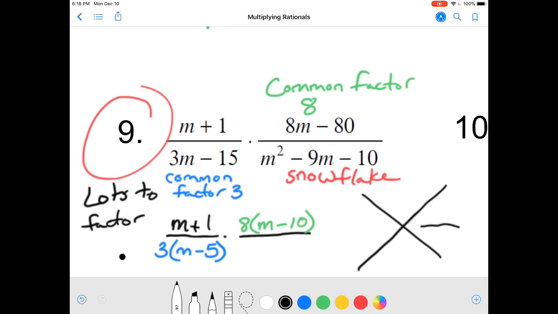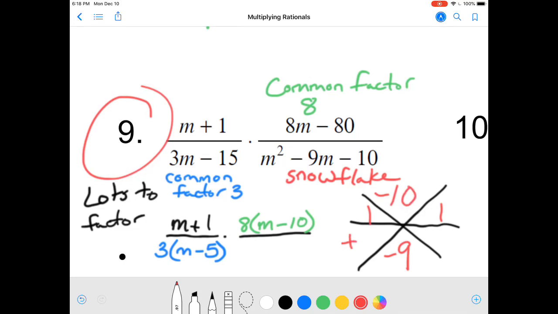So I'll draw my snowflake shape here. Our a value is going to be 1, so we'll put that up in these spots here. Our b value is negative 9, and our a value times our c value is negative 10.